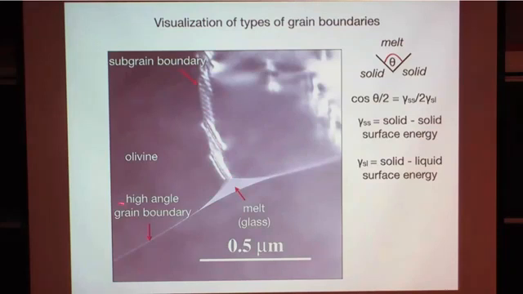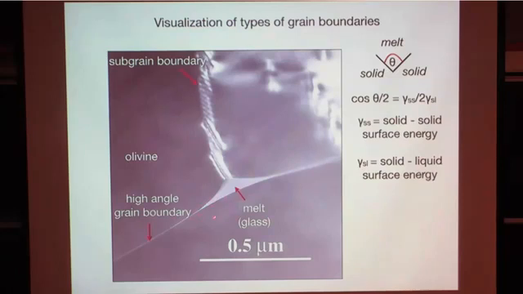If you compare that to what I call here a high-angle grain boundary, we don't know what the misorientation is exactly, but these two grains here are misoriented by more than 10 degrees, right? Typically, misorientations cluster, or the peak is around 90 degrees for these orthorhombic systems. So the typical misorientation across the grain boundary is more like 90 degrees. At a high-angle grain boundary, you can see that the melt in this case penetrates quite deeply onto the grain boundaries.